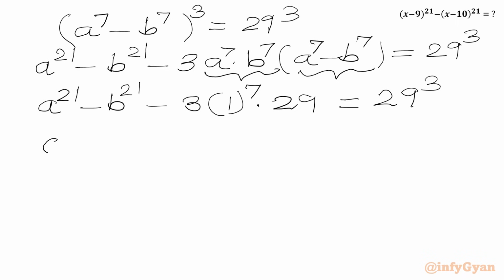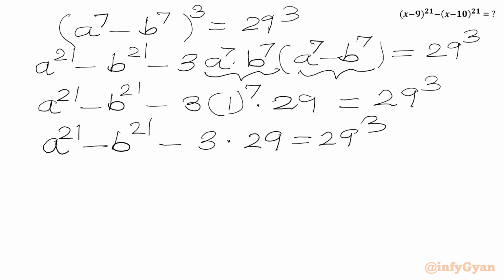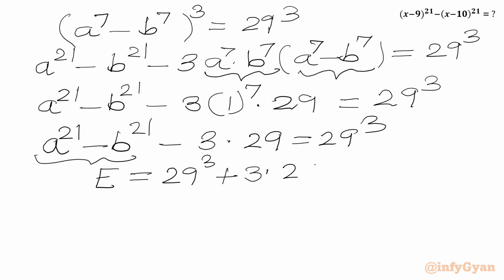Now this is our required expression. Let me write once more: a power 21 minus b power 21 minus 3 times 29 equal to 29 cube. Now we will add 3 times 29 to both sides. And let us write here E, the required expression E. We will get 29 cube plus 3 times 29. Now 29 is common.